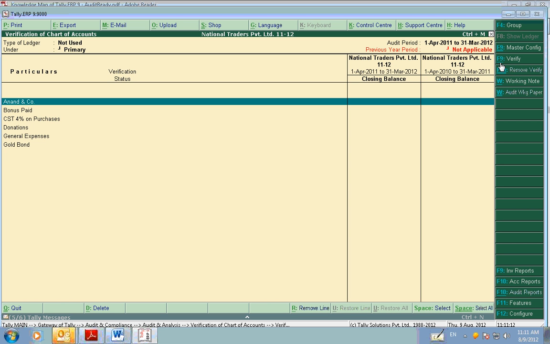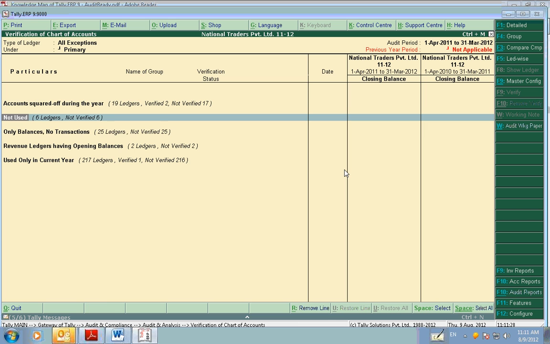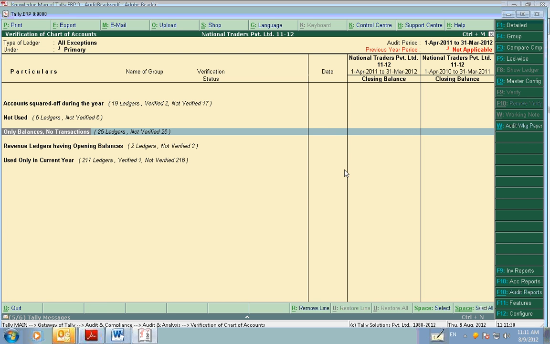It will show you, and if you feel that you want to check if any transactions are available, you can directly delete. So click on Alt-T, you have an option, delete selected, meaning all these ledgers are not required to be shown.